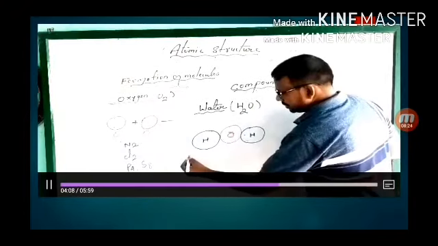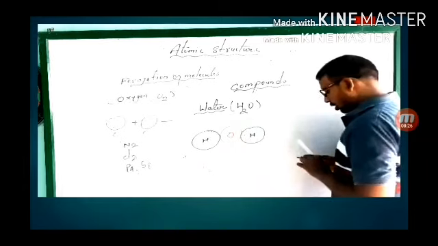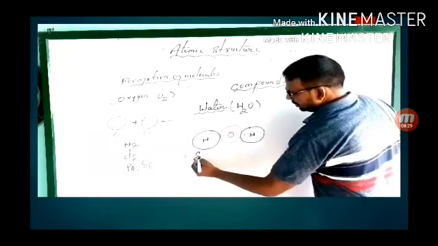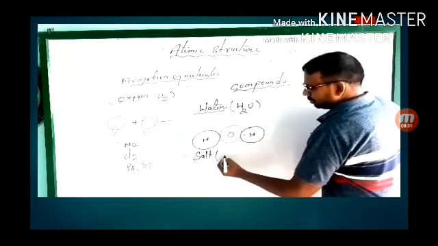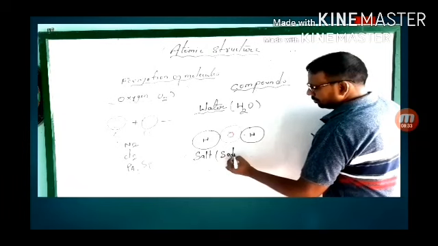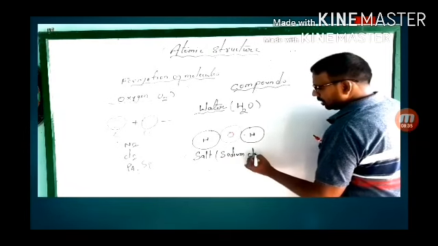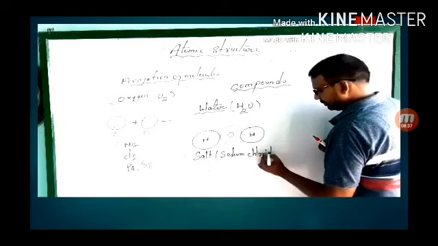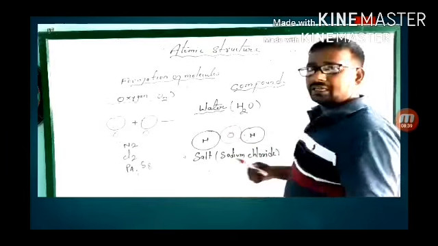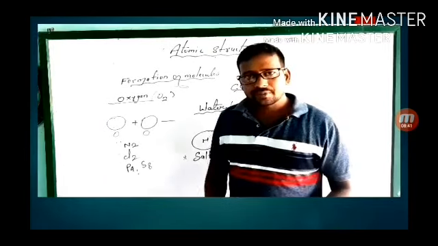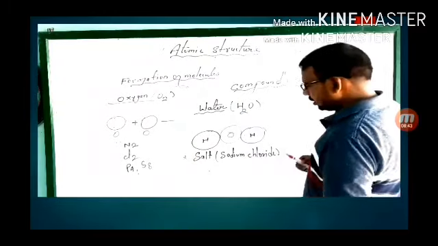Another example, the second example, is salt. There are lots of salts, but I am talking about sodium chloride. Sodium chloride is used in our daily life in food, table salt. How is it formed?